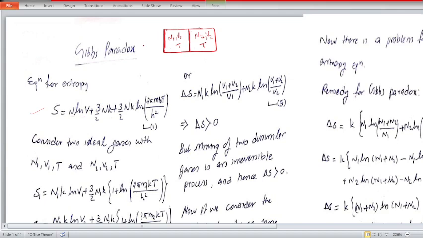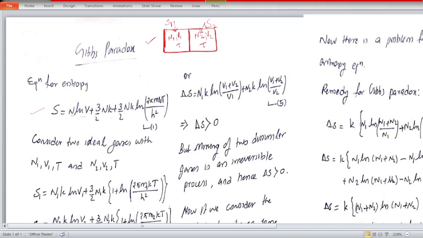So temperature is the same, but the number of particles and volume are different. Let us consider the entropy of the gas in this chamber, represented as S1, and the entropy in the other chamber, represented as S2.